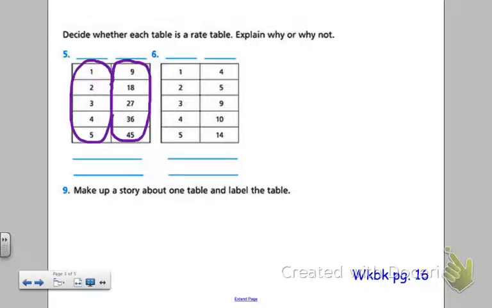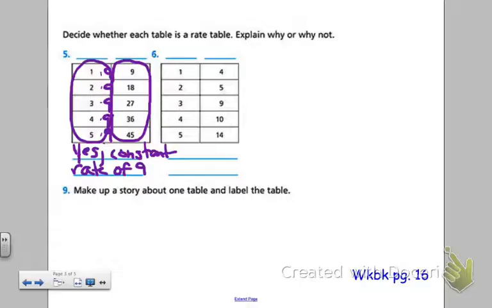It looks like I'm increasing it by 9 every single time, or you can even say multiplying by 9 every single time. So in this case, I would say yes, it's a rate table. And maybe I'll write constant rate of 9. So yes, that's definitely a rate table.